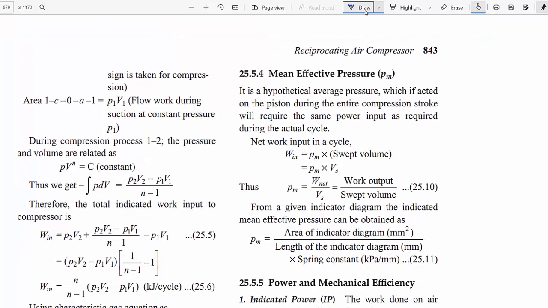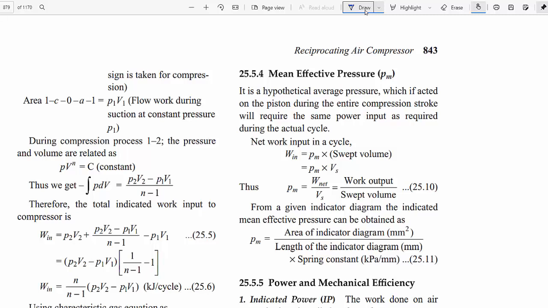Now we add all the areas: the first vertical rectangular area, the PdV work which is the compression work from 1 to 2, and the bottom rectangular area P1 V1. Then P2 V2 plus P2 V2 minus P1 V1 divided by n minus 1, minus P1 V1.